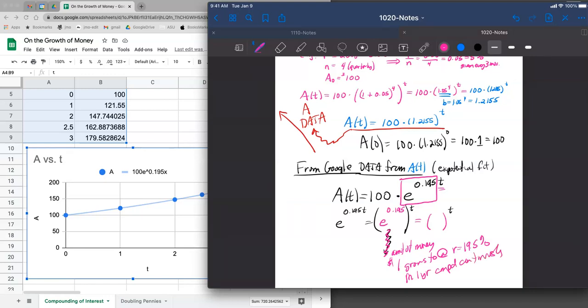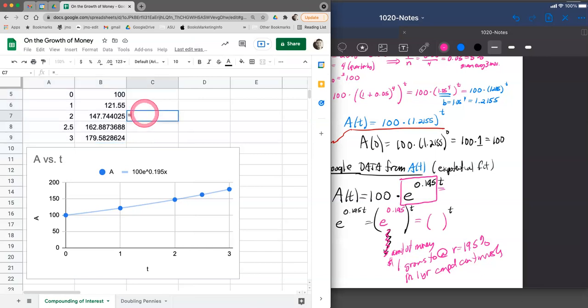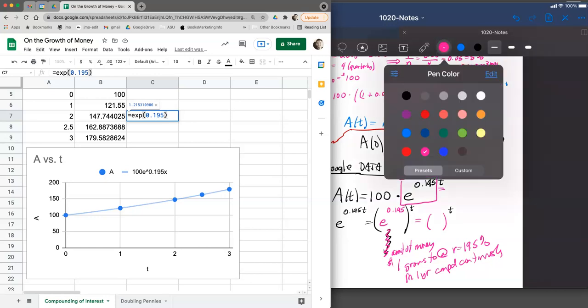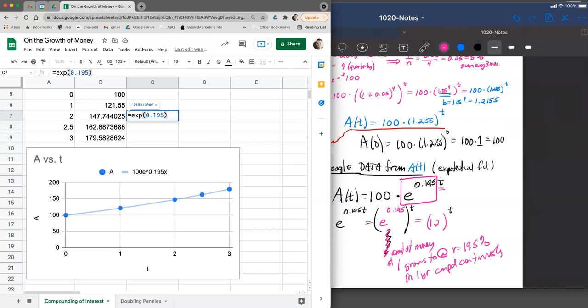So if you ask the computer to tell you the value of e to the 0.195, can you see the answer you get? The number in pink comes out to be 1.215, which is the number that we had from before.